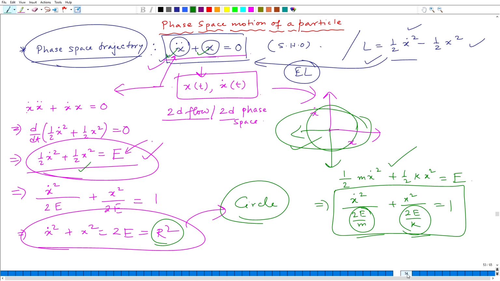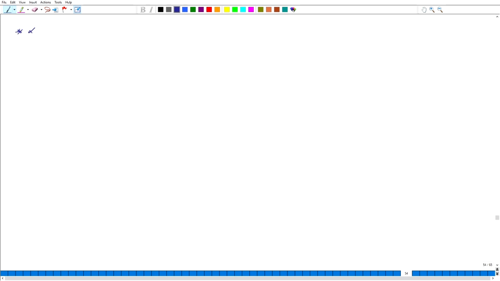Now, let us say I have another motion, so let us consider the Lagrangian L equal to half m x dot square plus half k x square.